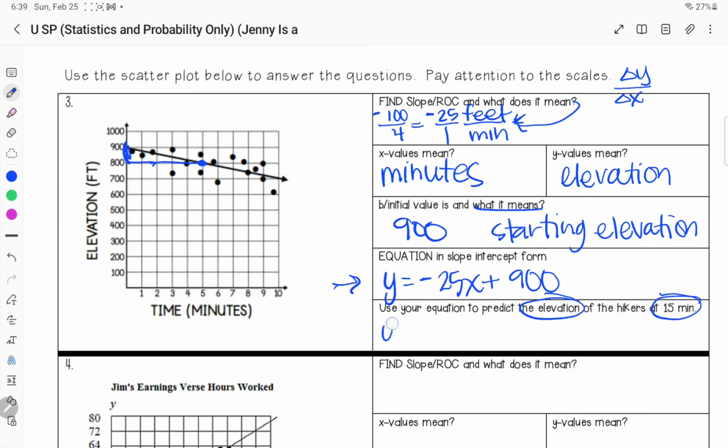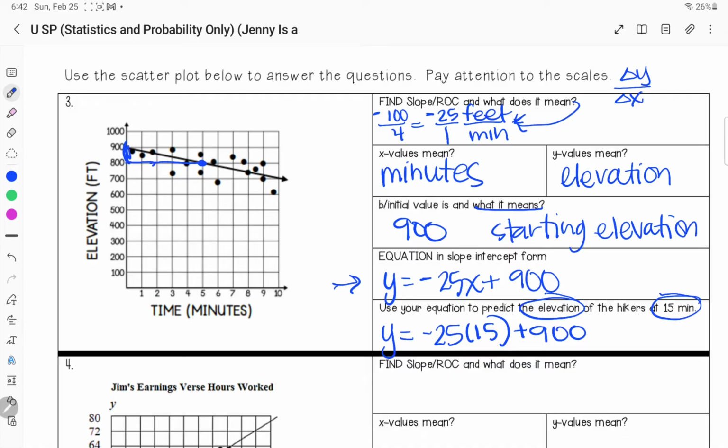So I would have y equals -25. My minutes were my x value. So I'm going to replace x with 15, times -25 plus 900. So we're going to do -25 times 15, that's negative 375, and then we're going to add the 900 on there.